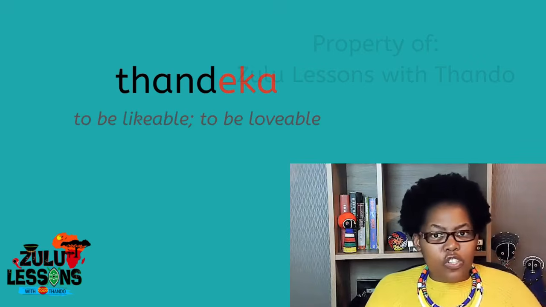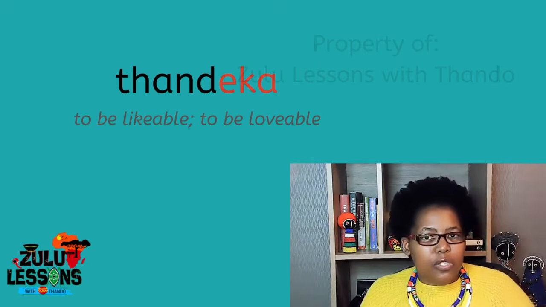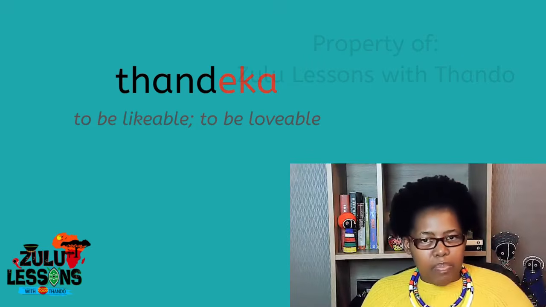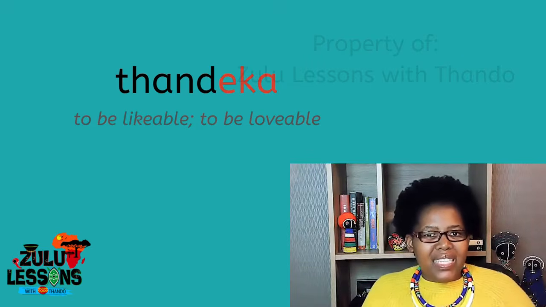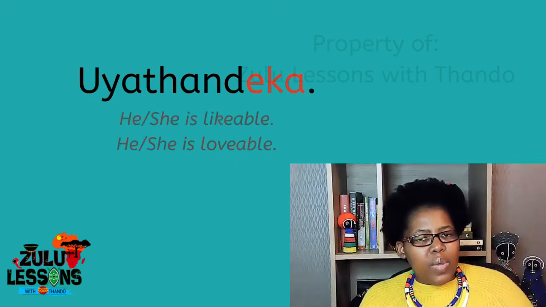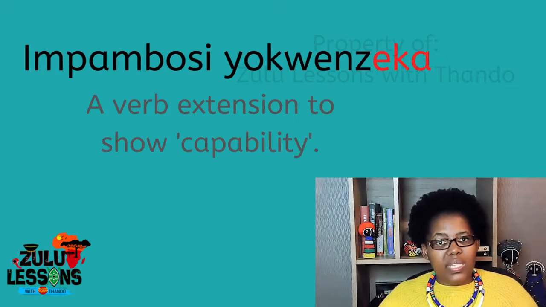So that's now changed that verb's meaning, and it's now no longer just simply to love or to like, but now it is likeable or loveable. So if I say someone is likable, I will say uyathandeka. He or she is likable. That is how you can use isijobelelo eka in a verb.